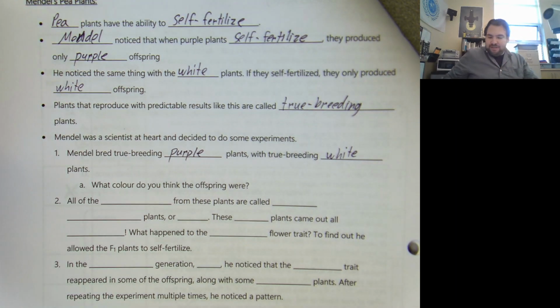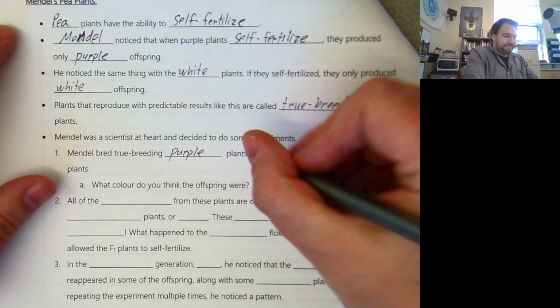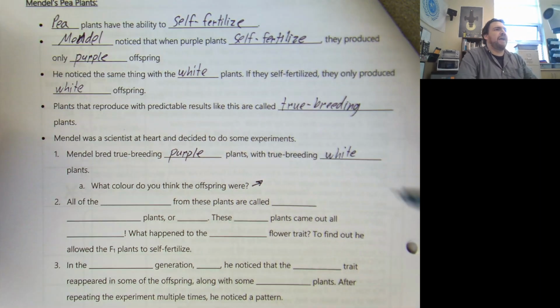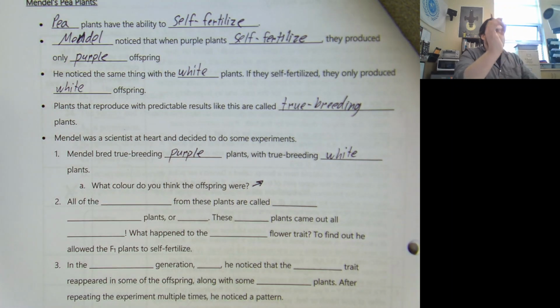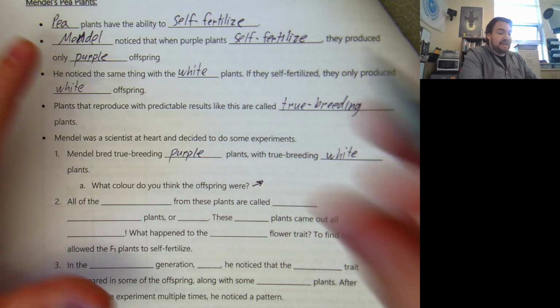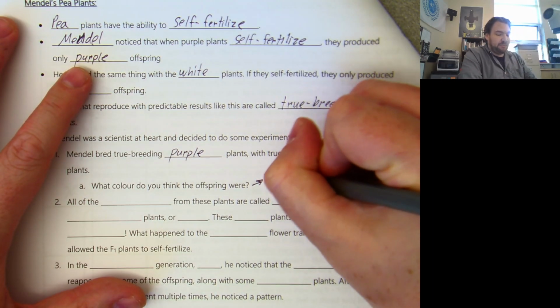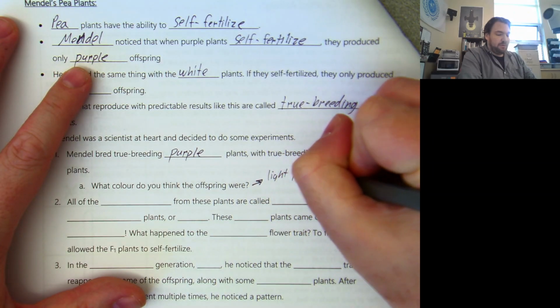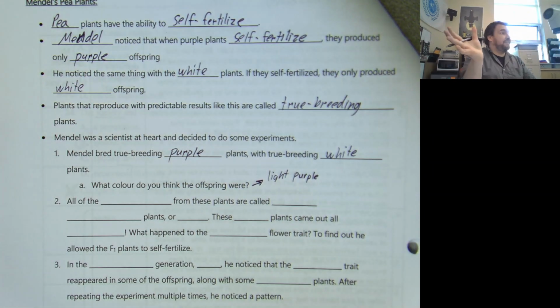So what color do you think the offspring were? What are the options? One was purple, the other was white. What are the options? Okay, light purple is an option. Maybe the white just kind of muted the purple. What are some other options?